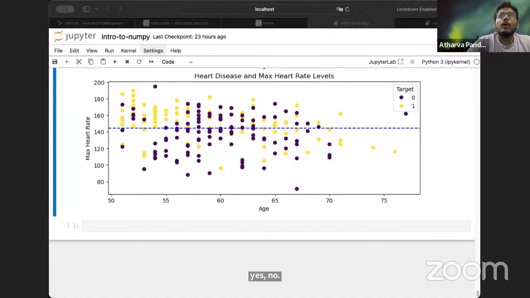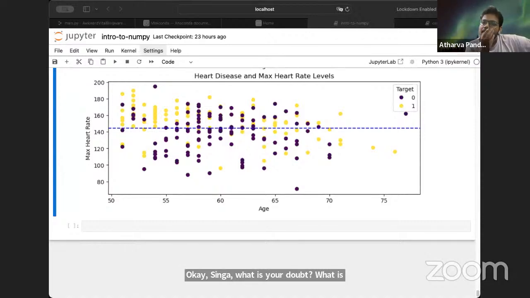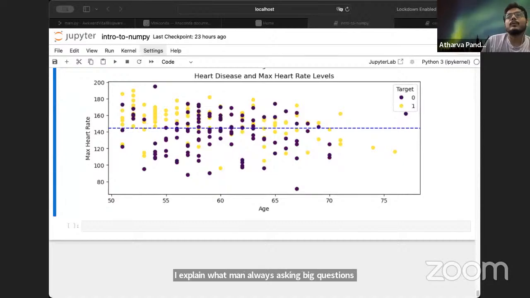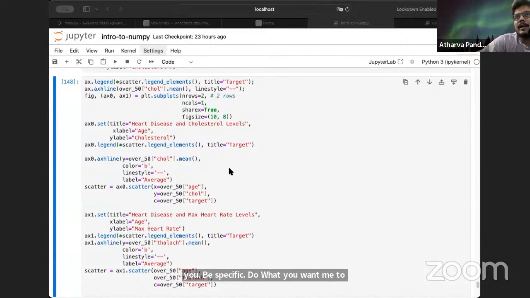Okay. Siva, what is your doubt? Siva Ramachandran, what is your doubt? Always asking big questions, all of you. Be specific. What do you want me to explain? This whole thing again? Syntax is somewhat hard to remember. I know it is hard.